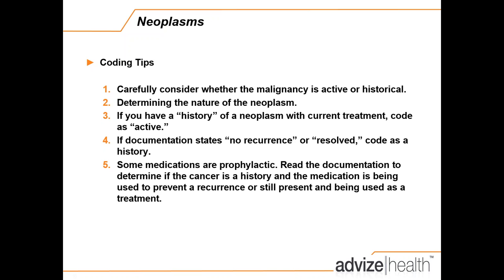Some medications are prophylactic, so keep that in mind. Read the documentation to determine if the cancer is a history and if the medication is being used to prevent recurrence, or if it is still present and being used as treatment. So again, just make sure of the difference between recurrence, active, or history of.